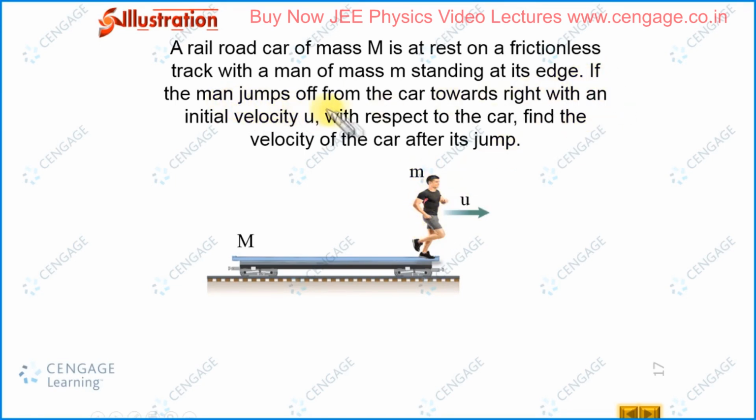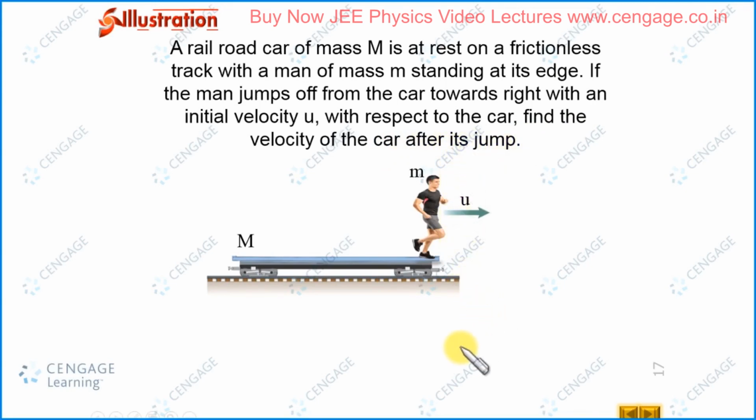If the man jumps from the car toward the right with an initial velocity u with respect to the car, find the velocity of the car after his jump. Now what happens? This man jumps from the car in the rightward direction with respect to the car with velocity u, and here we need to calculate the velocity of the car after the jump.